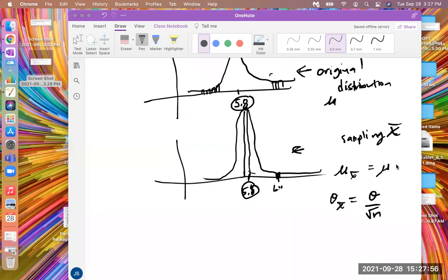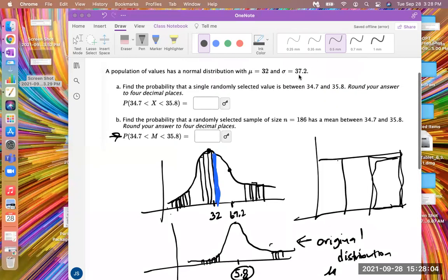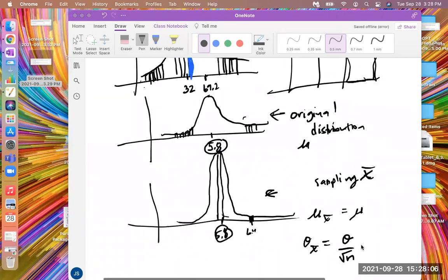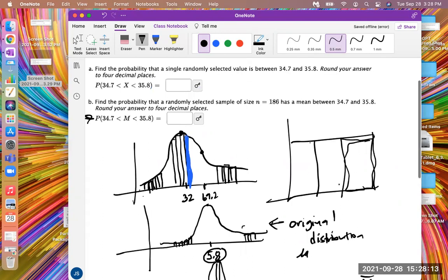So we can still use the 32, but now I need to take the standard deviation originally there, the 37.2, and divide it by the square root of n, and n is 186.